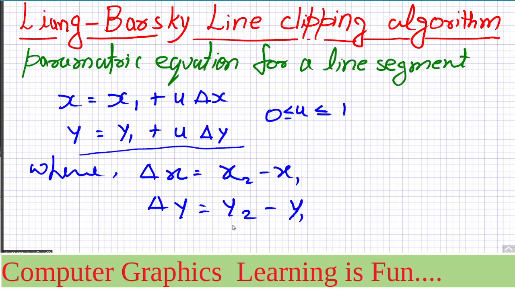Okay. Having known about this, I believe you remember what was happening in point clipping. We had a point. We just have to see whether this point is inside the window or not. What were the conditions? It should be in the range of x, and also the y value should be in the range of y.